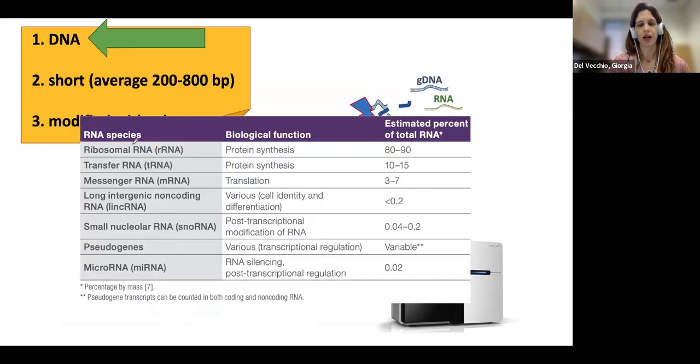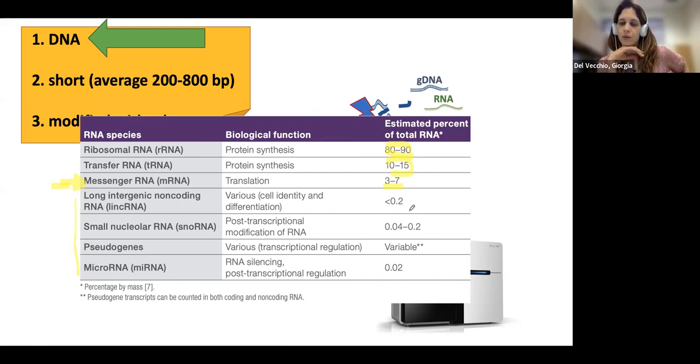Ribosomal RNA is around 80–90% of the total RNA we have in a cell. The tRNA represents 10–50%, and the messenger RNA, what we are usually interested in, is only 3–7% of total RNA. Long non-coding RNA and microRNA are just 0.02 to 0.2, so it's really, really small amount.